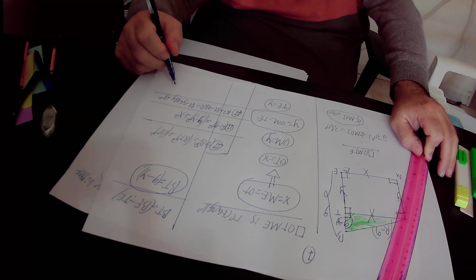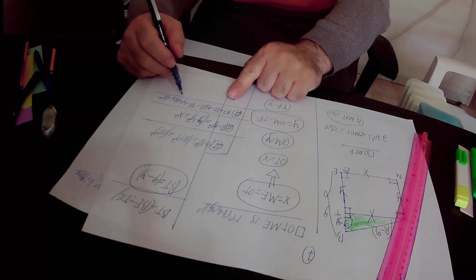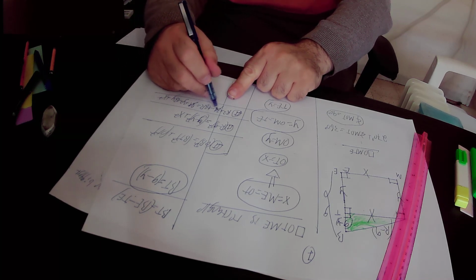Here we have 81 on both sides of equation number 2, so 81 will get cancelled.